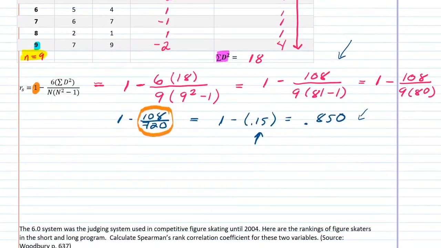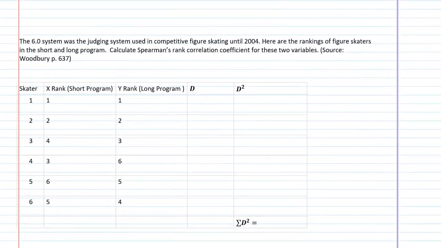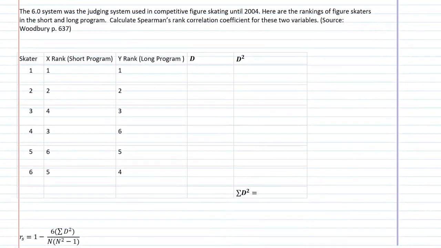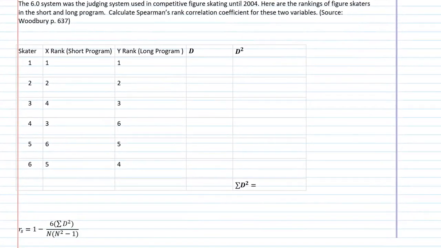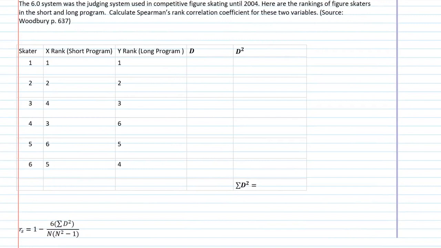Okay, let's do another one. So again, we have skaters. It's the same skater that's being ranked by 2 different judges. I think they're judges, yeah. So here's the participant. My N would be 6. X is the judge, and then Y is the other judge. And I have the rankings here. Let's find a difference.